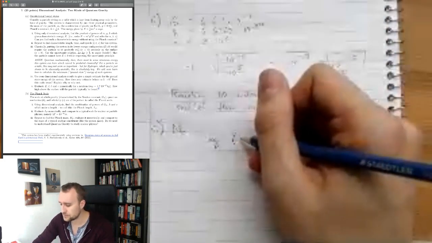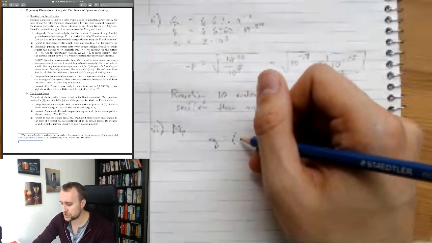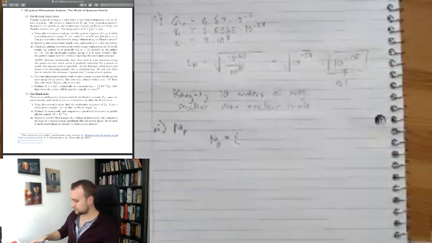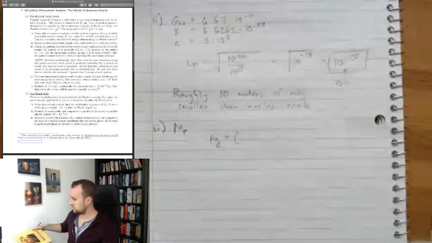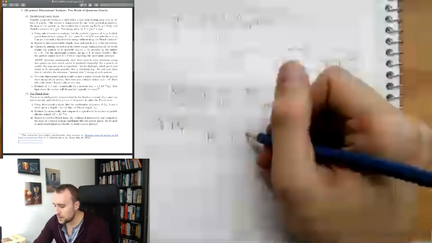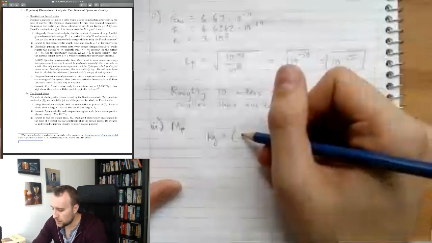So the first one was G_N, and now G_N, I'm just going to close this book. G_N was what?